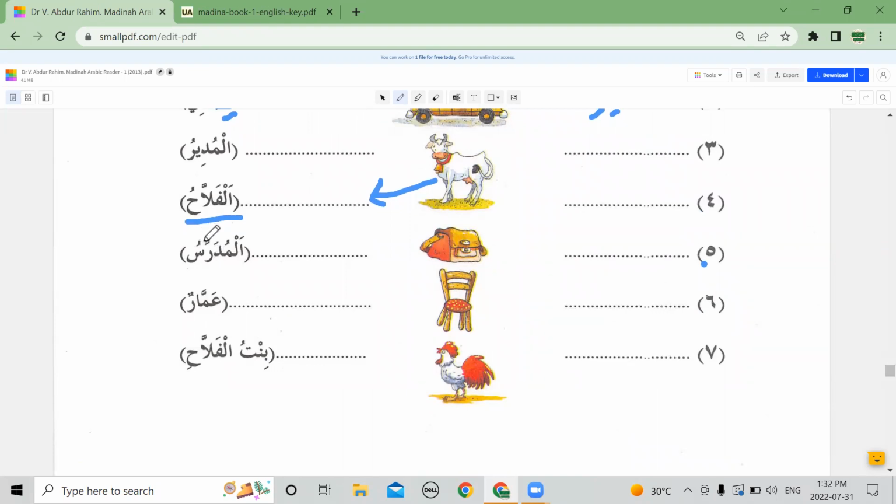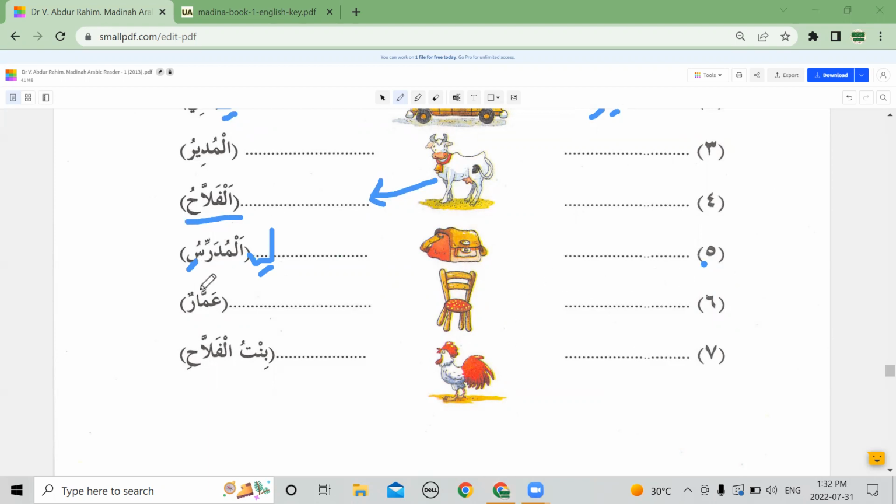Yes, it's written al-mudarrisu, but when we say li, you have to change it to mudarrisi. Li is a harf of jar, and it will make the next word majroor. So we have to change it to lil mudarrisi. Okay, good job. That was a good question. Very good.